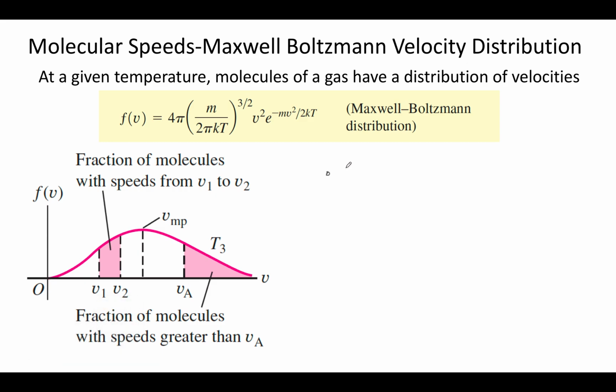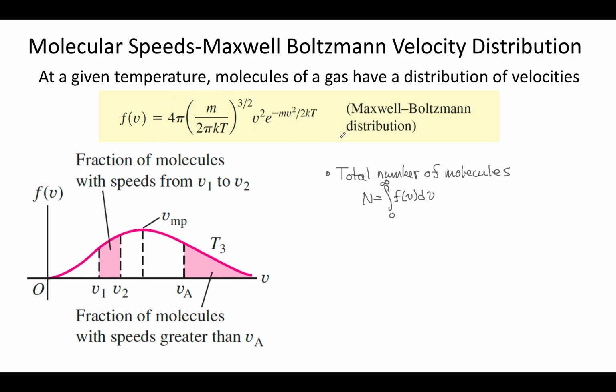The total, for example, the total number of particles in your sample, let's say molecules to be specific, that would be N. That would have to be an integral from 0 to infinity of just your distribution function dv.